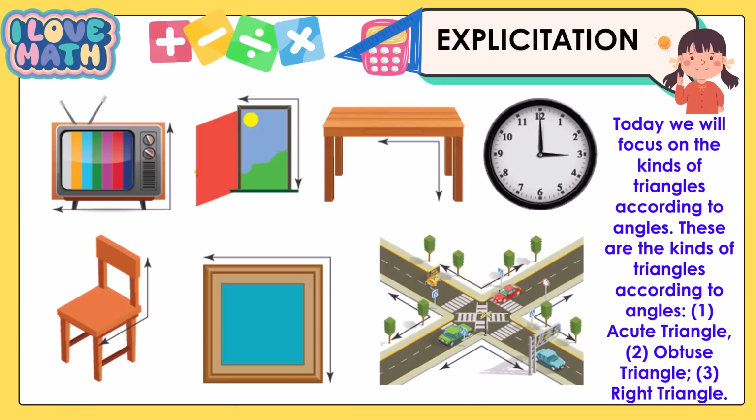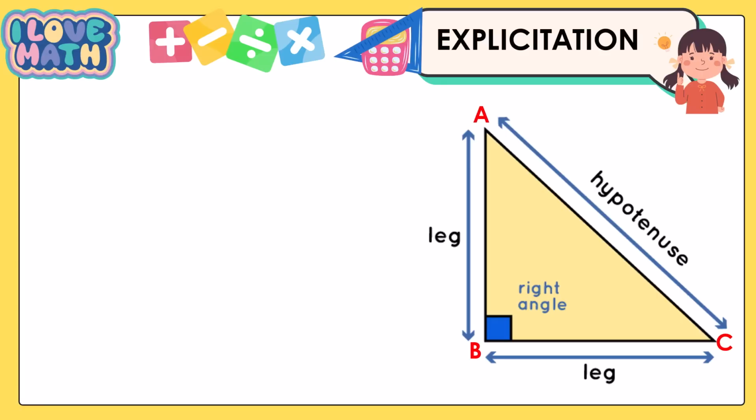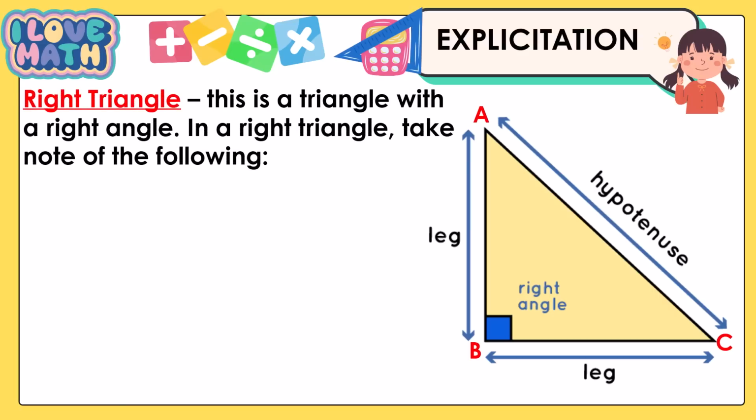So today, we will focus on the kinds of triangles according to angles. These are the kinds of triangles according to angles. First, acute triangle. Second, obtuse triangle. And third, right triangle. Right triangle.